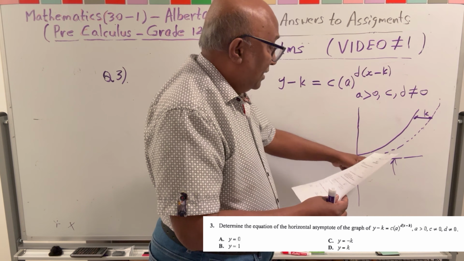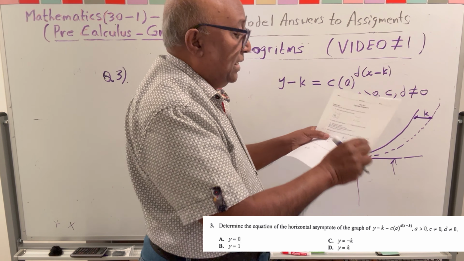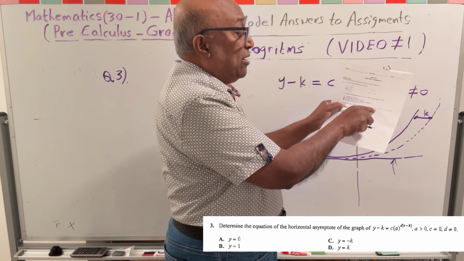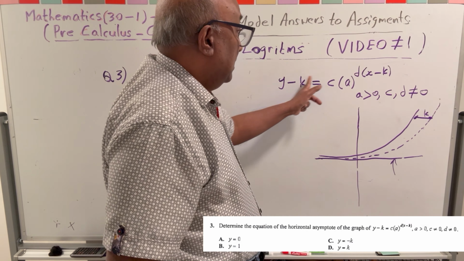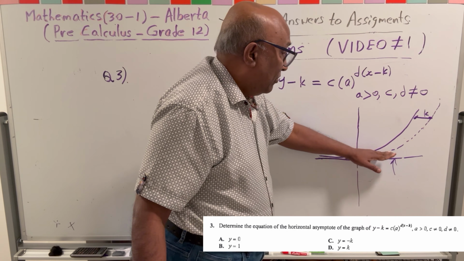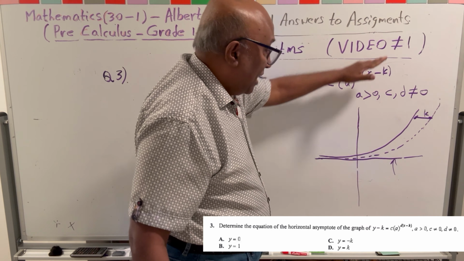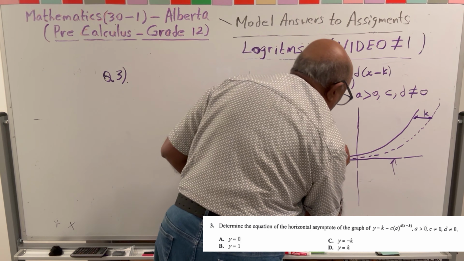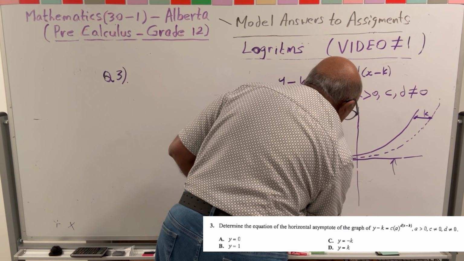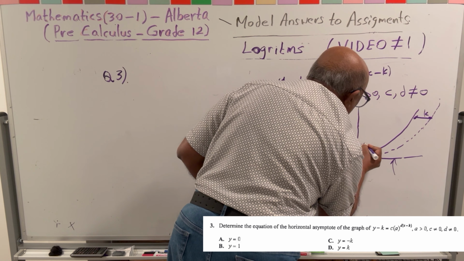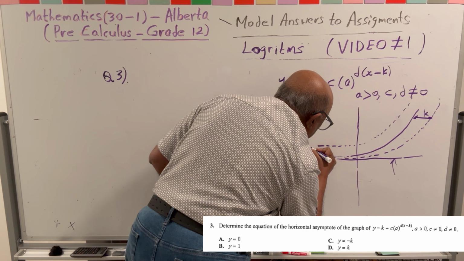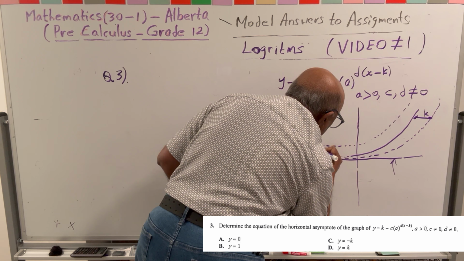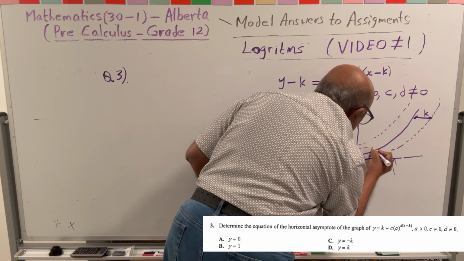That is up to here. In addition to that, we have to go another step. The k is here. That means we have to move the graph still k units up. When the second graph is moving k units up, this is the final graph. That means the horizontal asymptote will stay at this level.